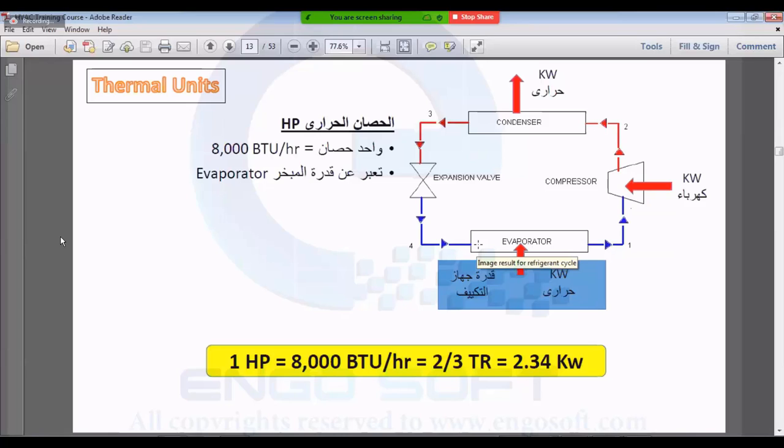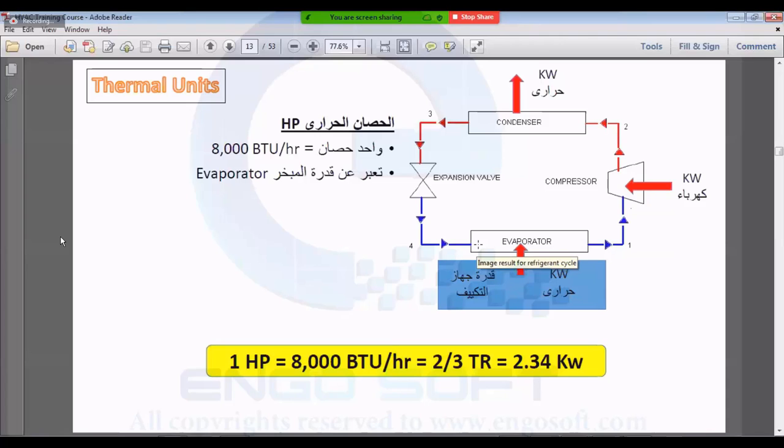Now let's do it together. We have 1 horsepower equal to 2/3 ton refrigerant. 1.5 horsepower is 3/2, right? So if I have 3/2 horsepower, it will be equal to how many ton? It will be equal to 1 ton refrigerant.